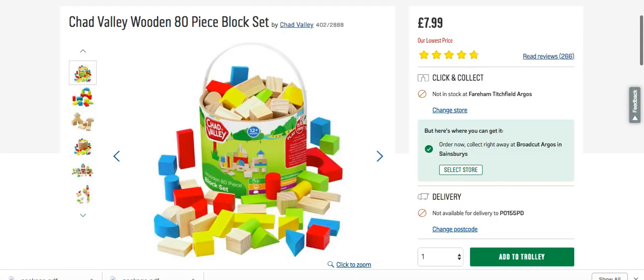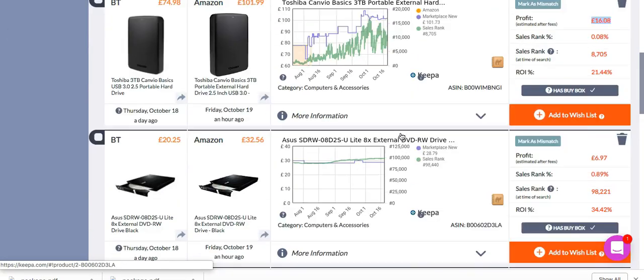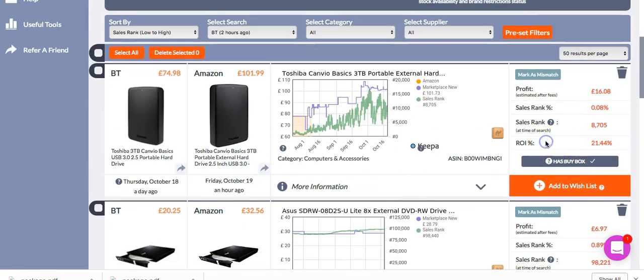It's just interesting. It's very easy to see, but a lot of people say they can't find products when they do manual searches like this, and I don't know why. It might be that they have the belief that it has to be 40% ROI. It has to be above £5 as well.